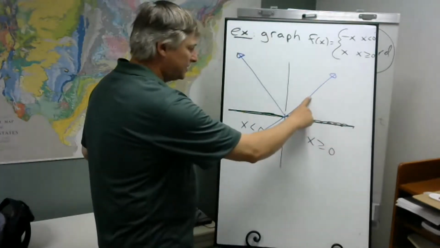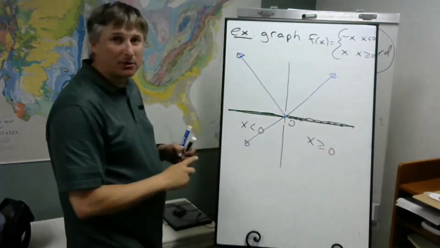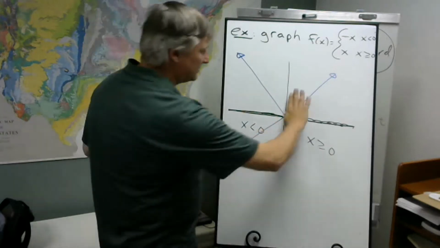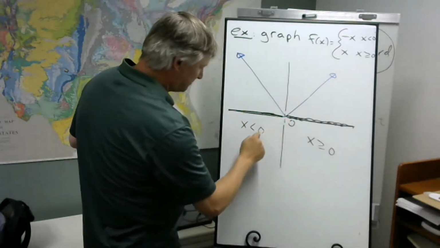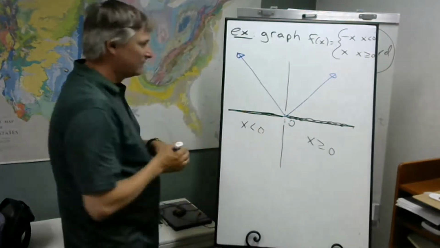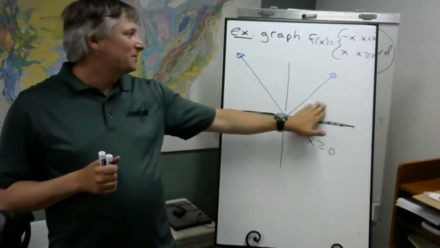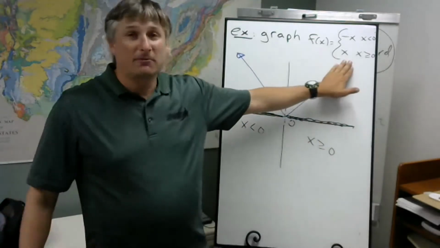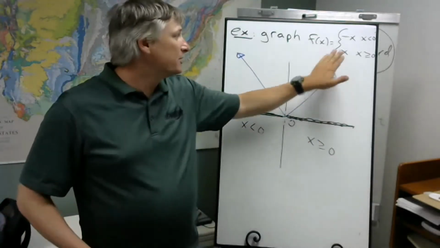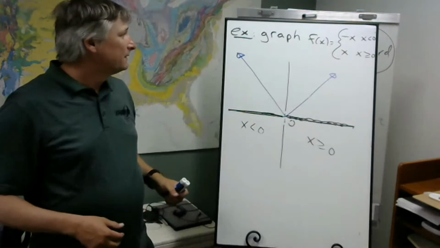We're not supposed to use this once we pass 0 to the left. It exists on the right, but it doesn't exist on the left. So we've got to get rid of it like that. And so what we get is this. This is our piecewise function. And you might recall this is what the absolute value is. The absolute value function is a piecewise function.